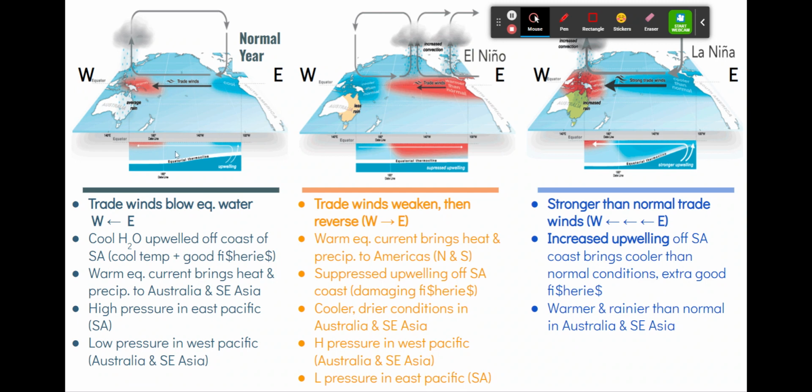So here's a normal year. We know from our lab that trade winds blow water east to west near the equator. Those are the trade winds. We know that cold water upwells as it becomes warm and rises, bringing all the nutrients from the bottom to the surface, allowing photosynthetic organisms to have a huge bloom.